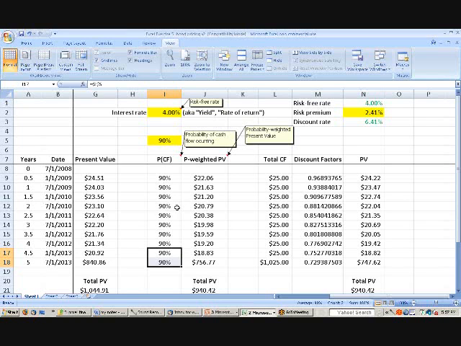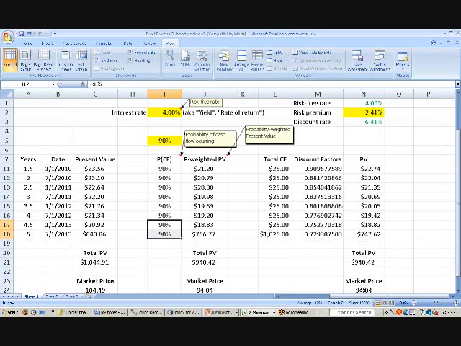And so you really can't glean that information from the market, because all the market tells you is the price, and you know what the cash flows are. You know what the dates of the cash flows are. So from the price you can determine the yield, or from the yield you could determine the price. From the yield and the risk-free rate, you can determine what the risk premium is.